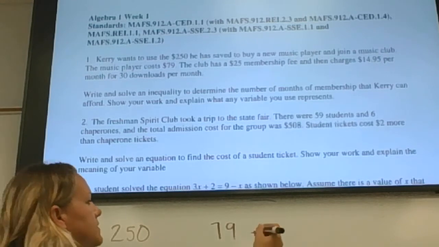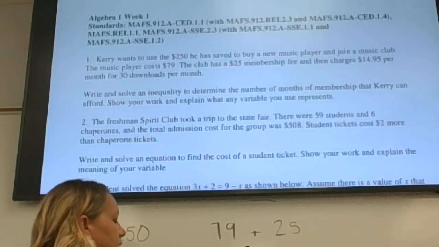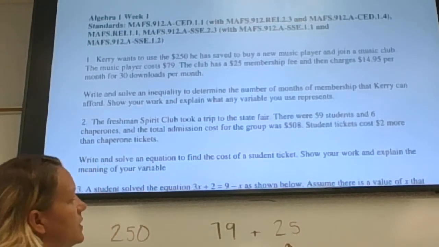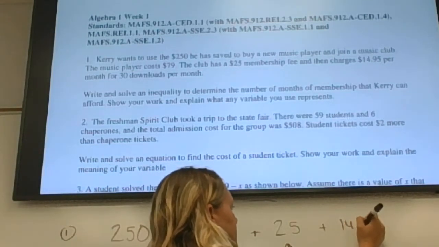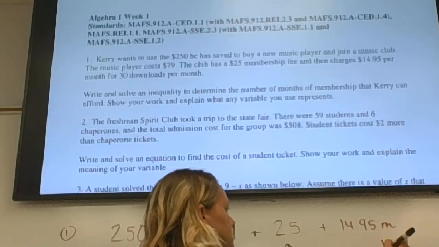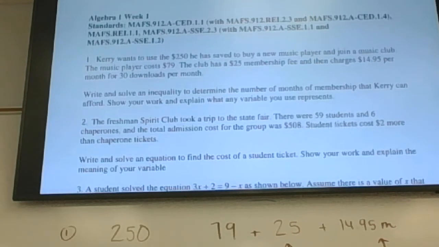We also have to buy the $25 membership fee, and $14.95 per month. So the word per is usually where your variable goes, right? It says per month, so that's where I put it in.